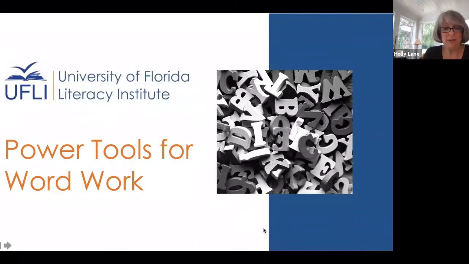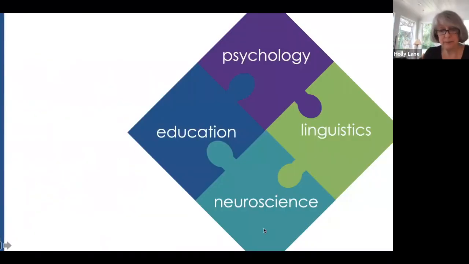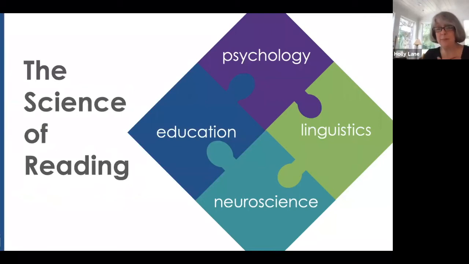So to get started, first I want to talk briefly about what we mean when we say the science of reading. All of the things that you're hearing at this conference are related to the science of reading in some way. But our definition of this is really the collective body of evidence that tells us things we should be doing when we're teaching reading.